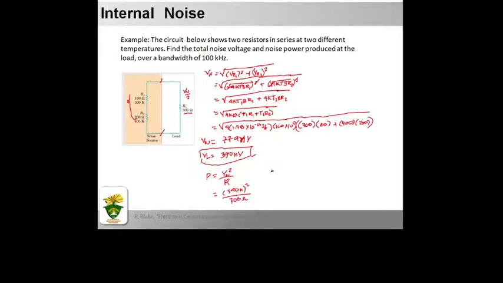Computing it, we have the power equal to 500.506 femtowatts. So that is the power at the load.